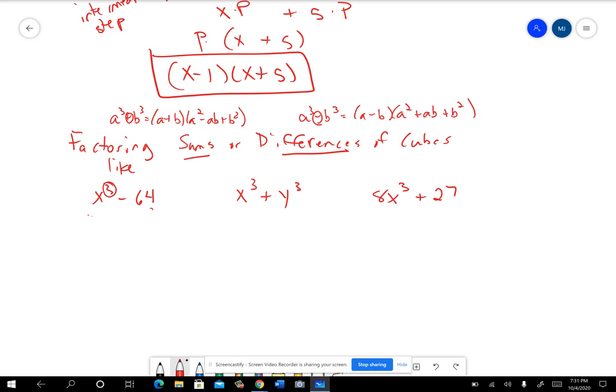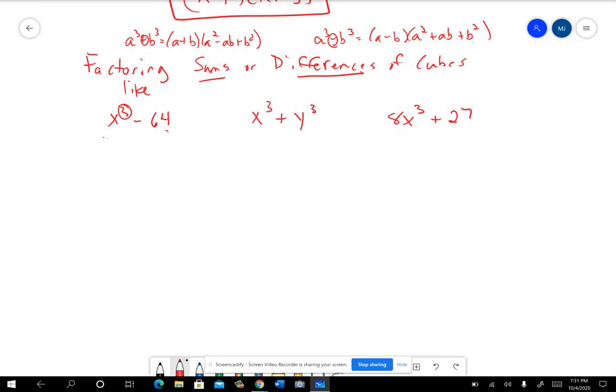So you look and you ask yourself first, is there a common factor? But there isn't one. Then you say, oh, but this one involves a cube, so I need to go look for the formula, and here it is, okay? What you should be thinking is that you need to see what got cubed in each case, and then the formula says you're going to take the first minus the second.